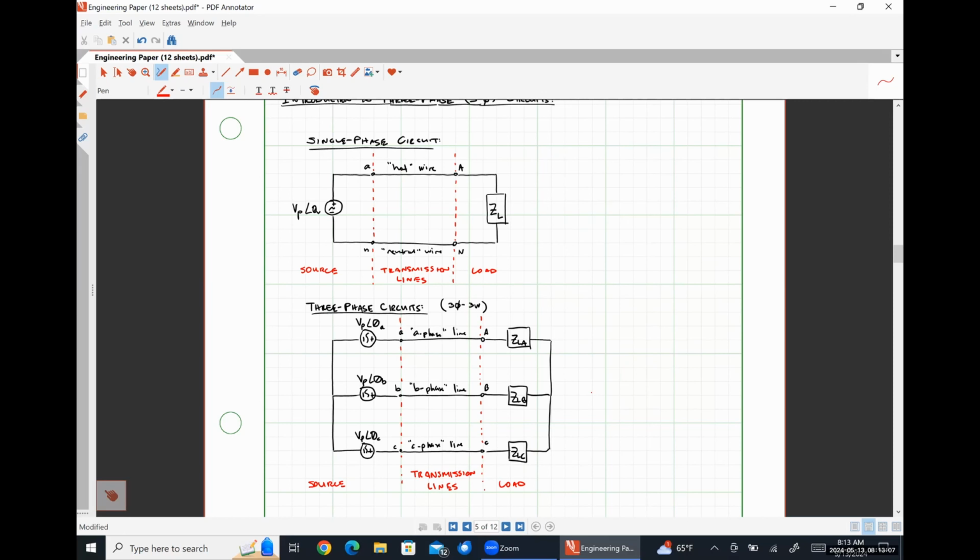Think about this in the context of infrastructure costs, okay? To deliver a certain amount of power to a single-phase load, it requires us to have 2 wires.